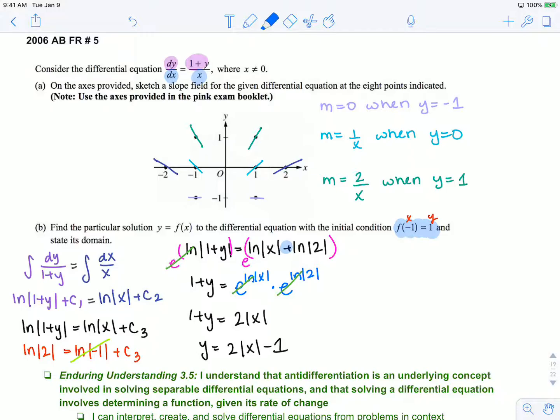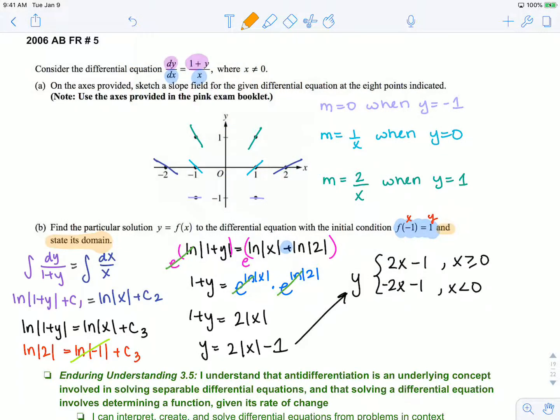Now remember, they want us to state the domain. This absolute value function actually splits into 2 pieces: 2x minus 1 for when x is greater than or equal to 0, and -2x minus 1 for when x is less than 0. So which piece are we going to use?